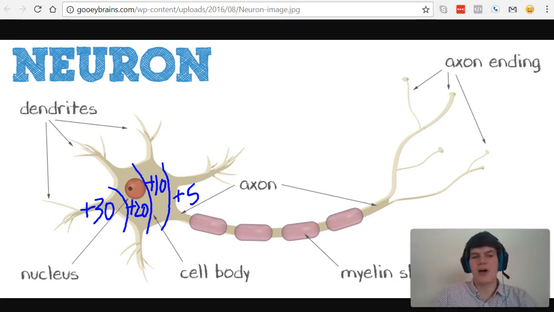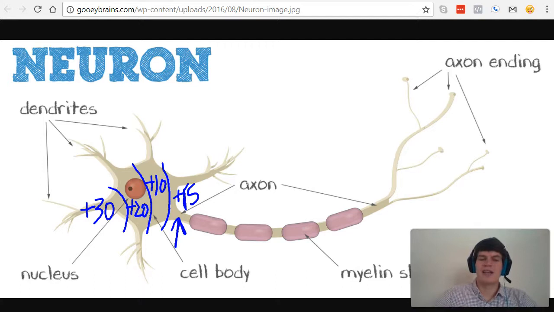So let's pretend, though, that this was strong enough and it did give us a plus 15 increase in our membrane potential, causing the membrane potential to go to about negative 55, causing an action potential at this spot, at the axon hillock.